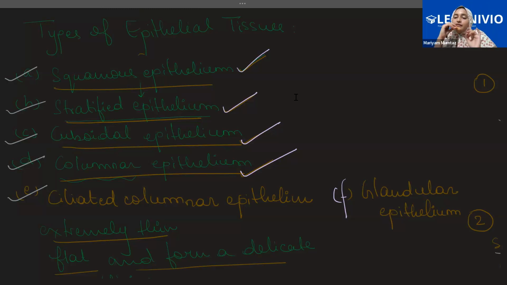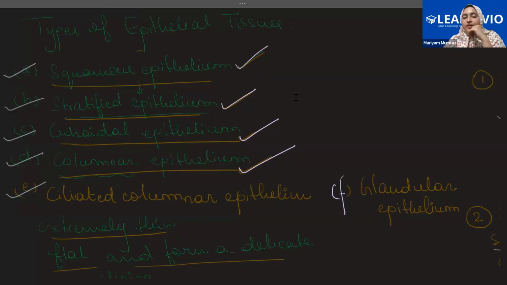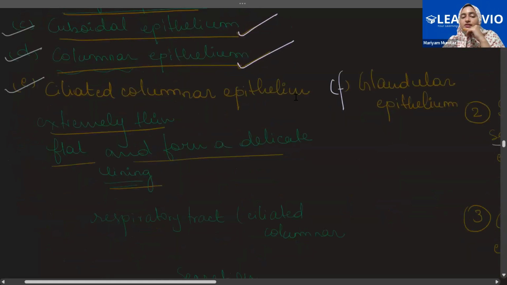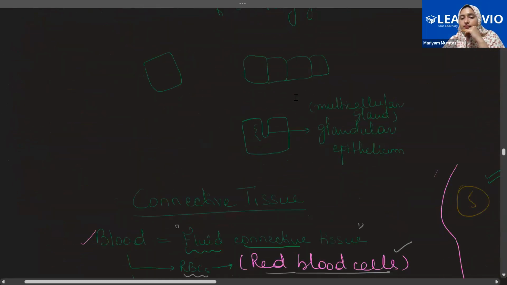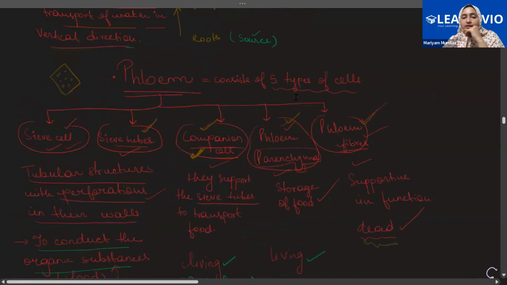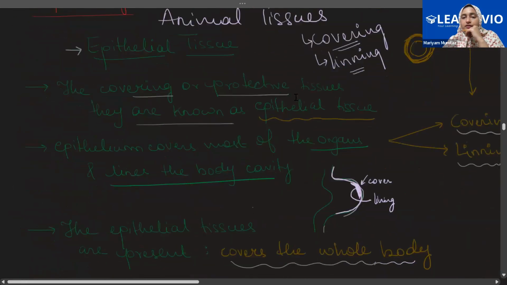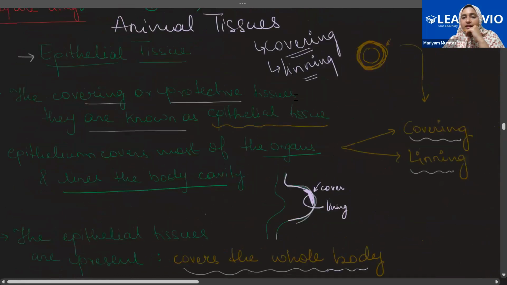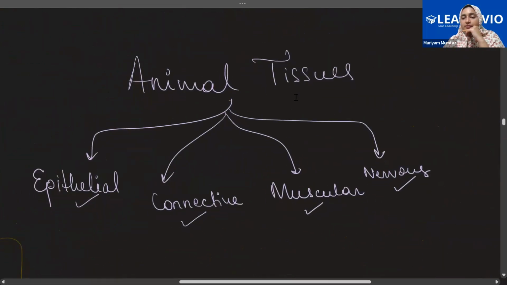Apart from that, we'll have to see the functions: given the location where they are present, what are they doing in that particular location? All of these things we'll see. Any doubts up until now, students? No, ma'am. All right. Now you people do one thing. Note down till here. First write this down, and then we'll move forward and talk about the types.